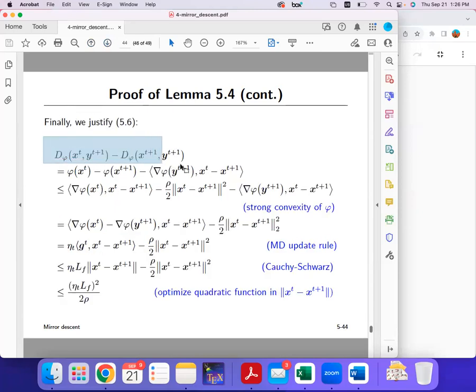Let's just compute these two difference terms. You plug in the definition of Bregman divergence to these two divergence terms, and you will get such a result.